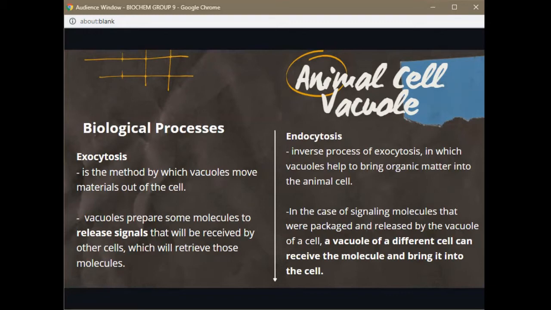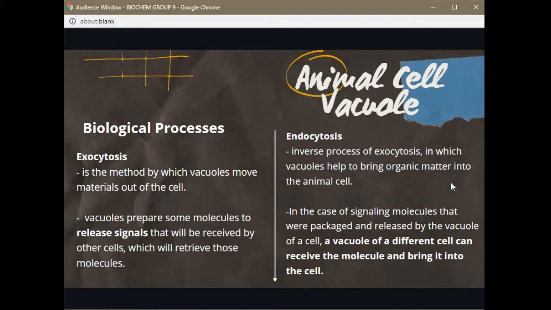These materials are often unwanted materials such as waste or molecules that are destined for other cells or the extracellular fluid. During exocytosis, vacuoles prepare some molecules to release signals that will be received by other cells, which will retrieve those molecules.